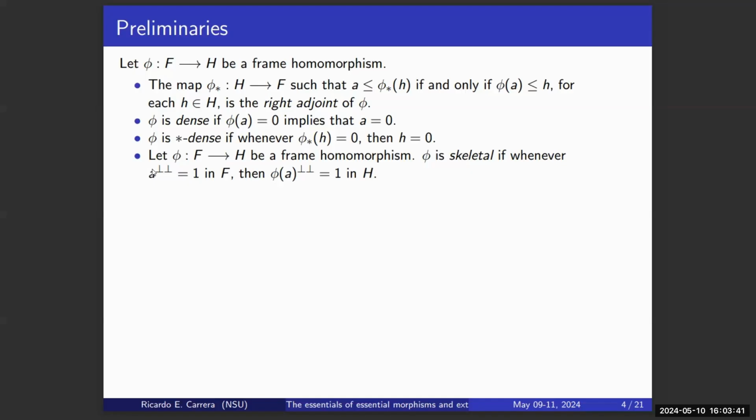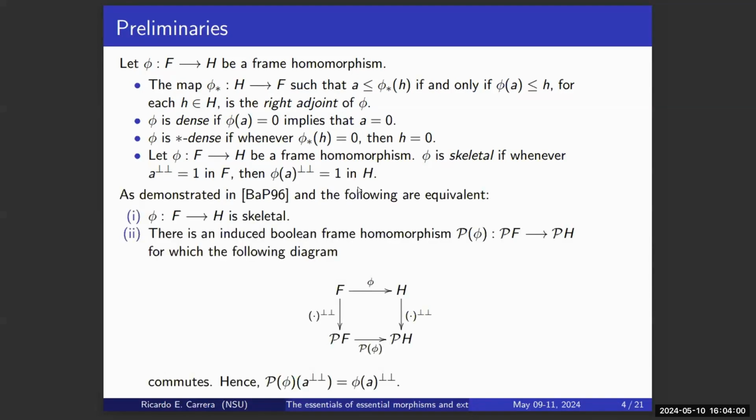The other maps that will be of particular use will be the concept of a skeletal map. So a map phi from F to H is said to be skeletal if whenever A perp perp equals 1 in F, then phi of A perp perp equals 1 in H. Or equivalently, you can think of this as a map that maps dense elements to dense elements. Okay. So it's well known, this is one of the typical characterizations of a skeletal map.